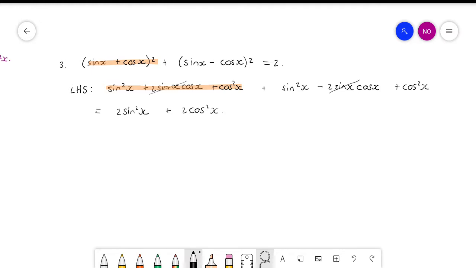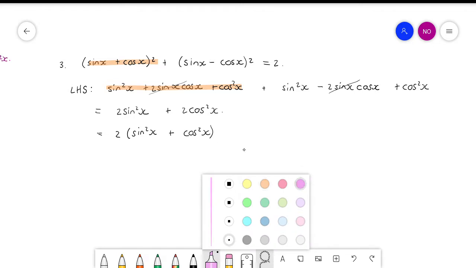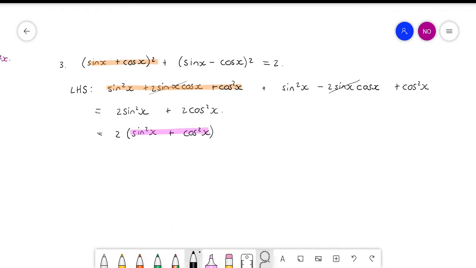If you have positive 2 sin x cos x and you have negative 2 sin x cos x, then you have no sin x cos x. Okay. So here you can go and take out a common factor of 2. And this is one of our identities. What can I write that as? 1.